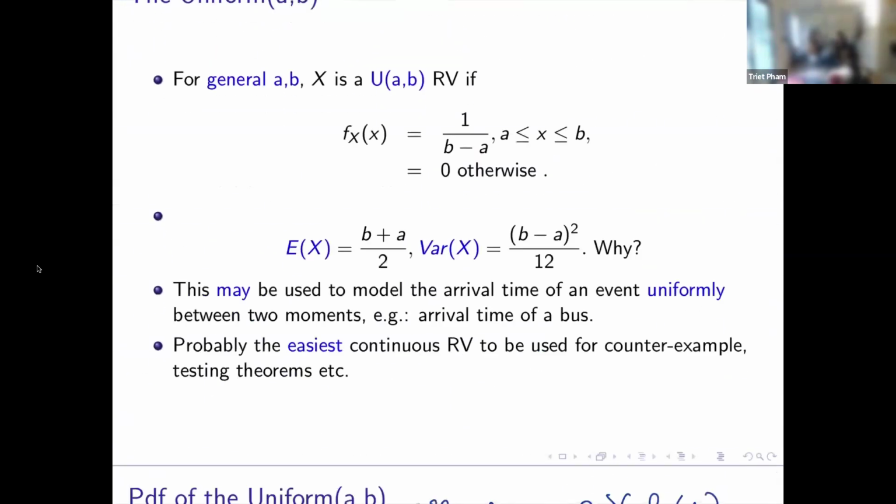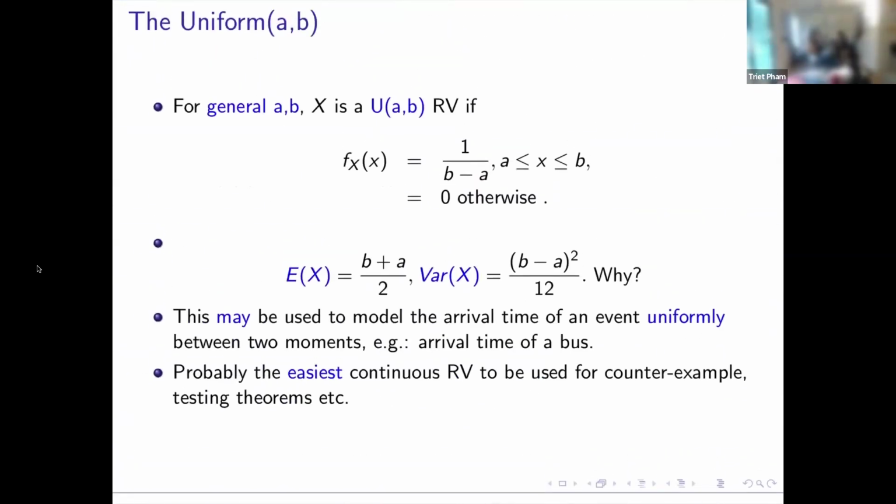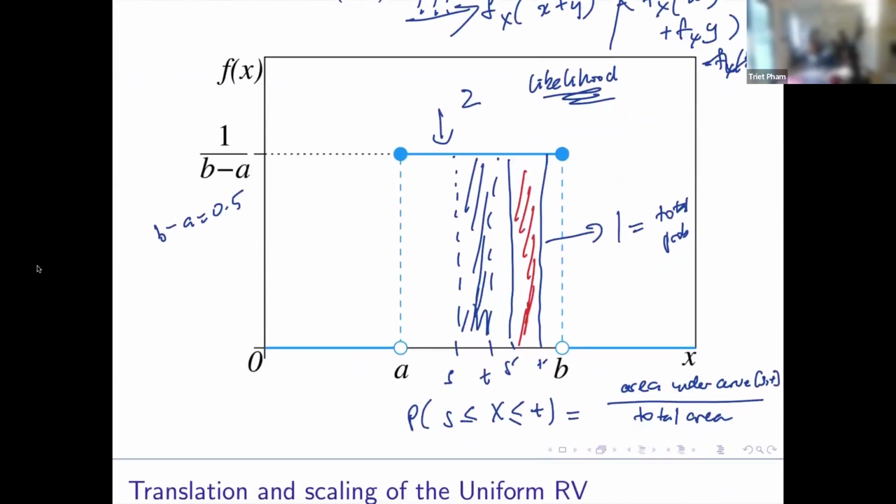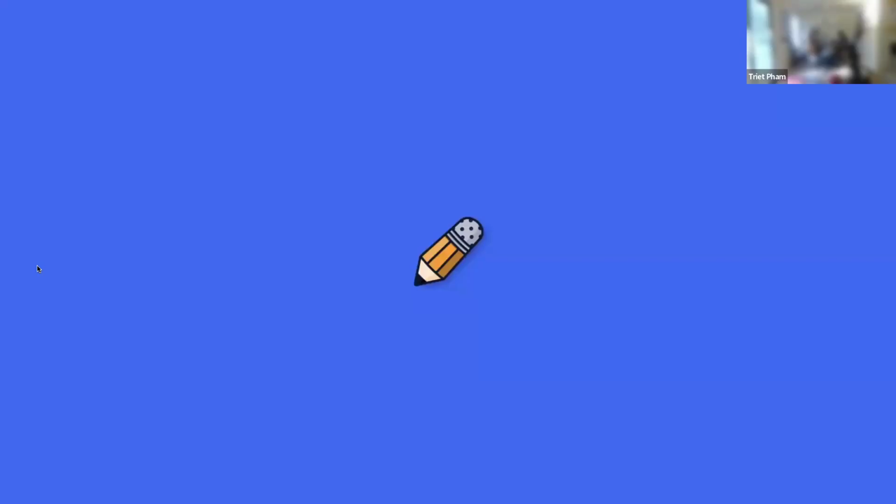And the first one we went through is the uniform, where the uniform, basically, true to the name. Sorry, let me get the new one here.